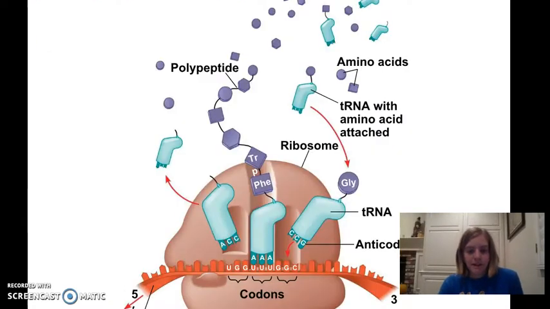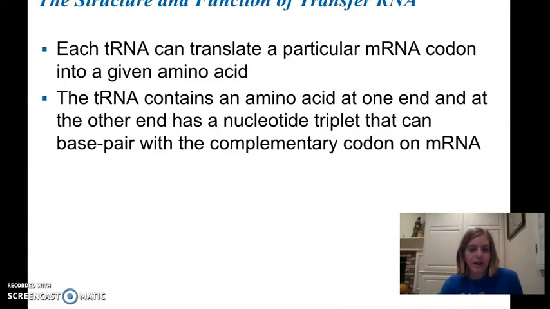So this is the whole picture of what's going on in translation, but we're going to start just with tRNA. Each tRNA is able to translate a particular mRNA codon into a given amino acid, and its structure really influences its function. Once again, common theme in AP Bio. On one end of the tRNA, there's an amino acid, and at the other end, there's a nucleotide triplet that is complementary base pair-wise to the codon on mRNA.